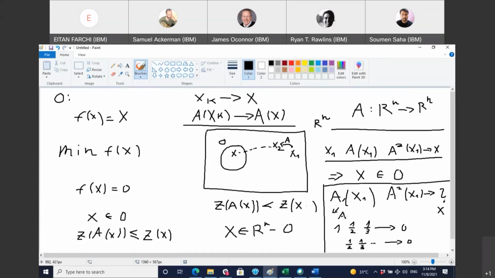So what is the relation between AX and X?